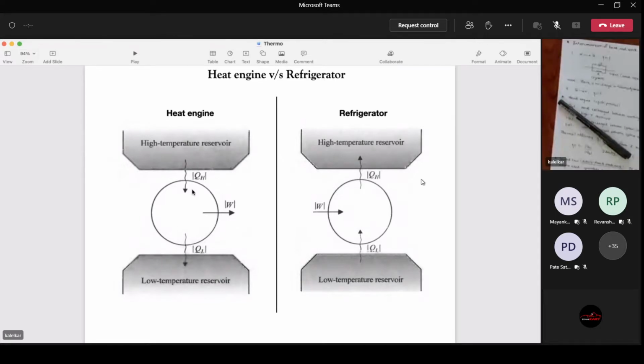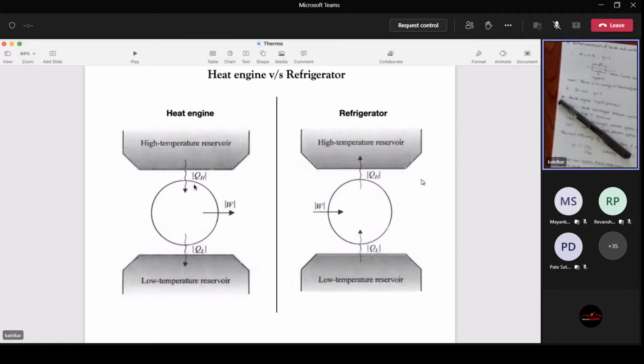There are three elements in it. This is the heat exchanged between the system and the high temperature reservoir. This is the work exchanged between the system and the surroundings, and this is the heat exchange between the system and the low temperature reservoir.